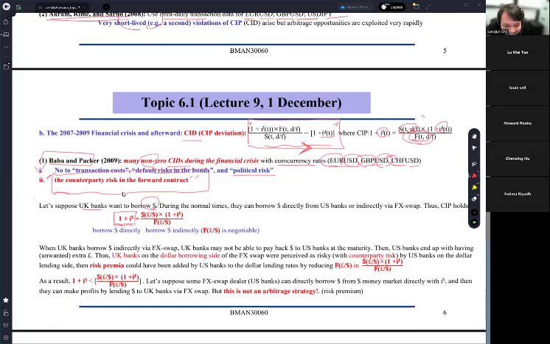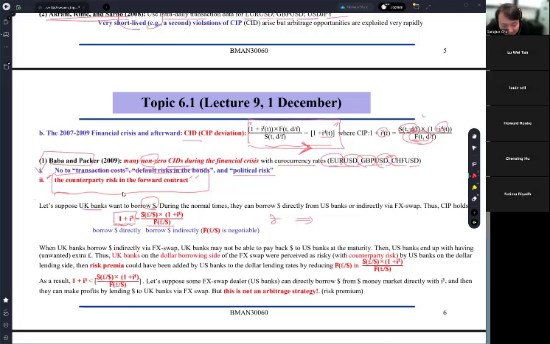UK banks can borrow pounds and give these pounds to the swap dealer in today's spot market, and make a promise to do the reverse thing in the future using a forward contract. That's so-called borrowing dollars indirectly using FX swap.